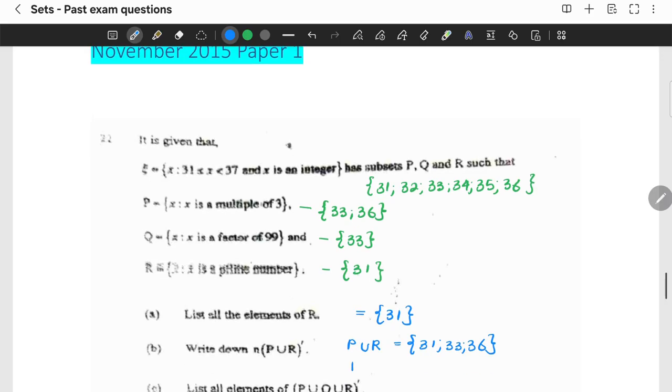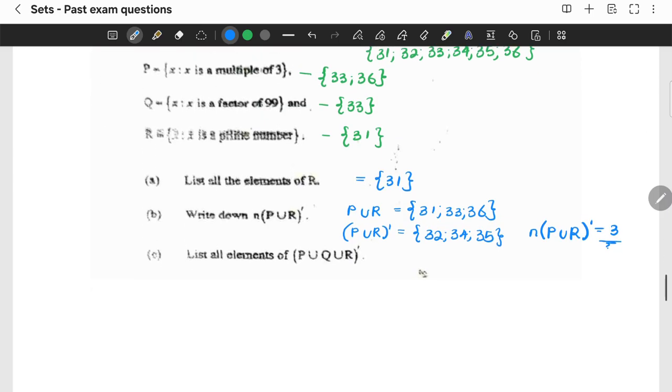And then P union R complement is going to have 32, 34, 35, such that the number of P union R complement is equal to 3.